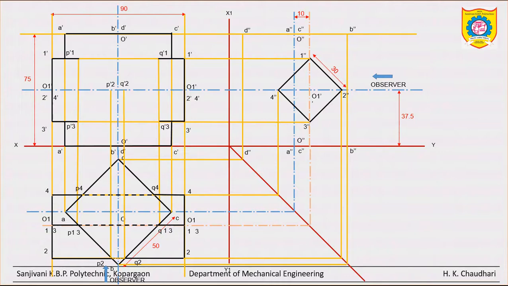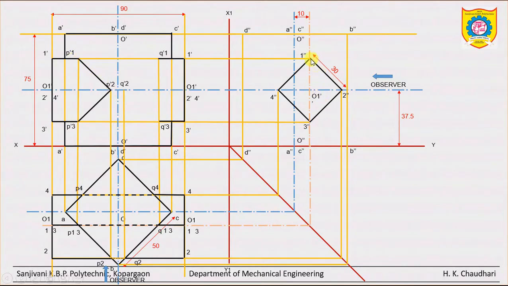Because it is the intersection of one of the rectangular faces of the horizontal prism as well as a rectangular face of the vertical prism. So when two plane surfaces intersect with each other, their intersection will be a line. So we can join P dash 1 and P dash 2 by a straight line. Clear? So from the bottom side, here also we can observe. See, P dash 1 to P dash 2.